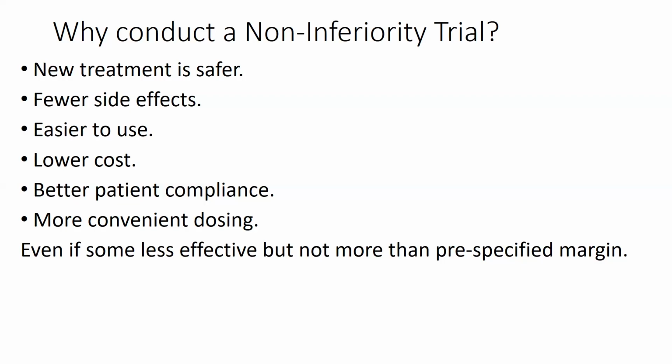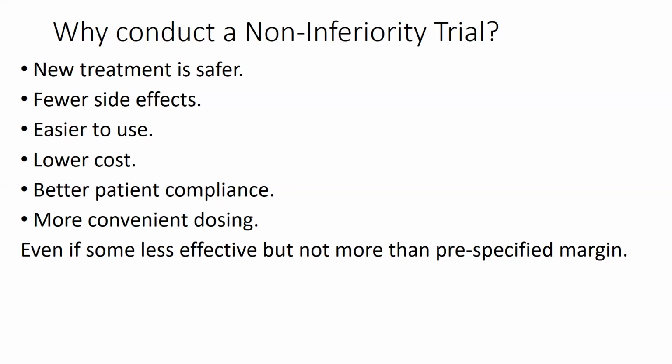Compared to other insulin, the patient only needs one injection in a week. But suppose its efficacy is 85% and in standard treatment it is 90%. So it is lesser than standard treatment. But 85% is okay in a clinical scenario. Then we can use it. So 90% minus 85% is 5%. This 5% we call non-inferiority margin. This is a pre-specified margin.